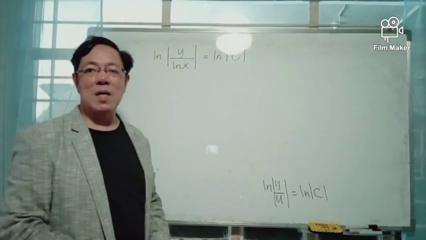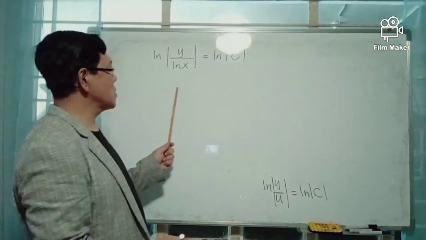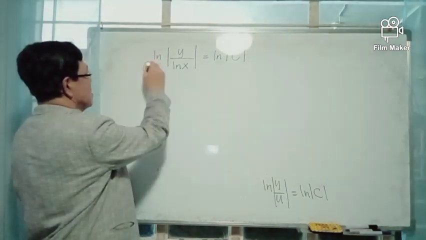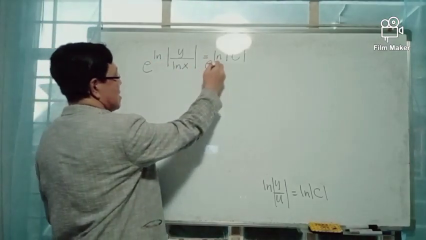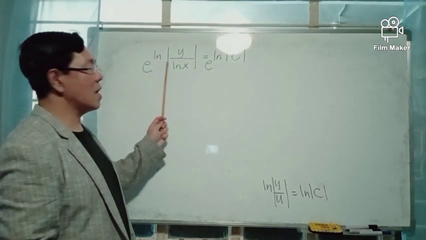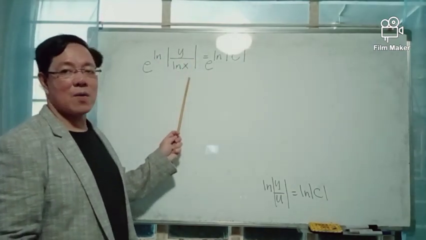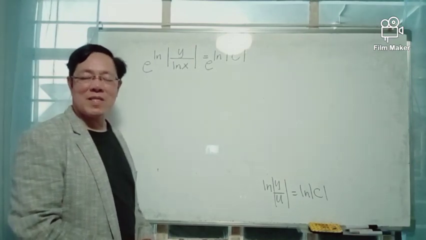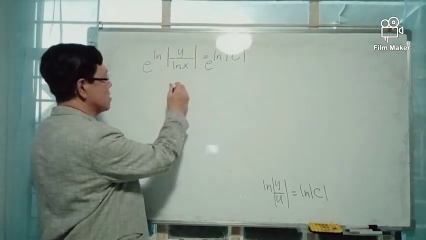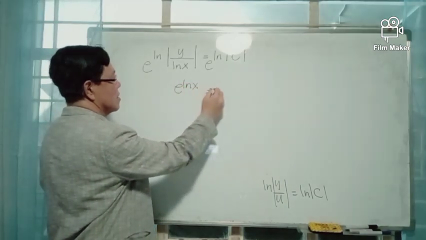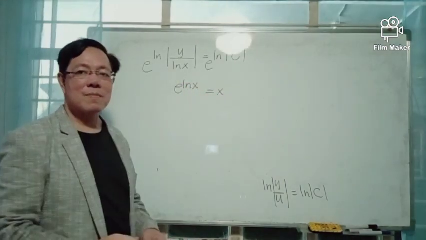Now, to remove the natural logarithm from both sides, we take the exponential of both sides, exponential of ln of c and exponential of ln of y over ln of x. And we apply another property of natural logarithm that says e to the power ln of x equals x.